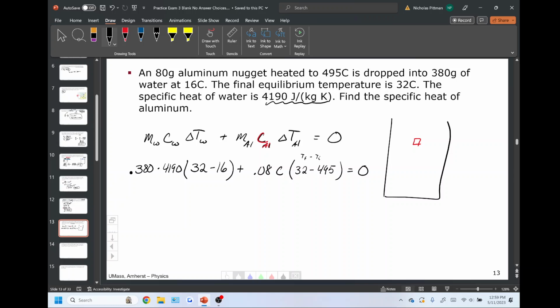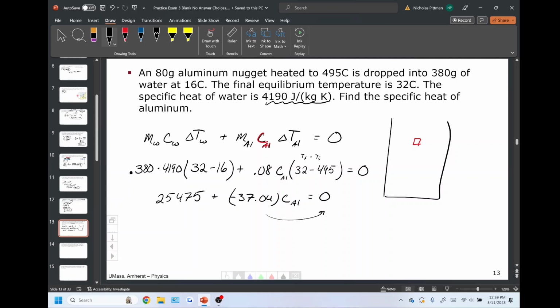Okay, if I plug all these numbers into my calculator, this first term here is 25475. This next term is negative 37.04 times C of aluminum.